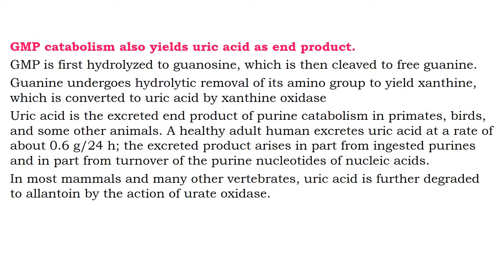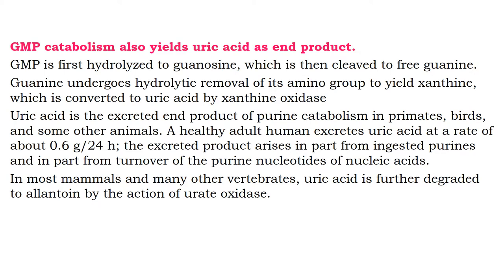Now this GMP catabolism also yields uric acid as an end product. In the previous slide we saw adenosine; now we are seeing guanosine. So GMP is first hydrolyzed to guanosine, which is ribose plus guanine. Now this is then cleaved to free guanine, so here the ribose is cleaved off.